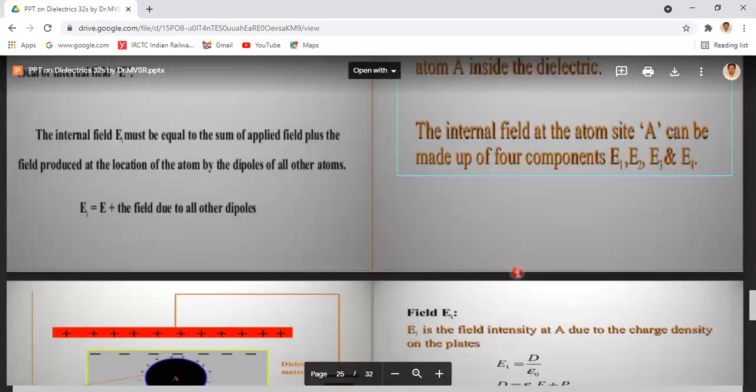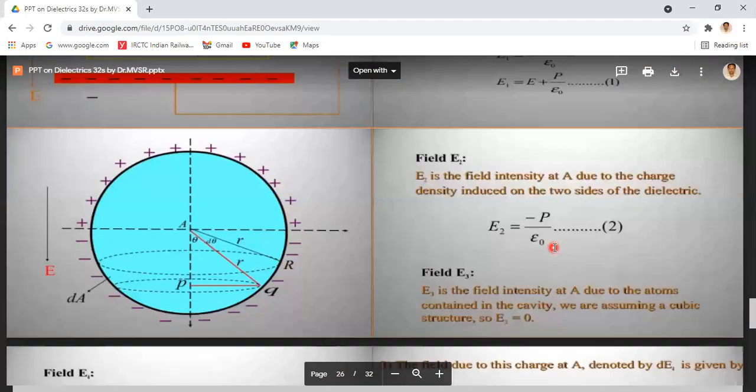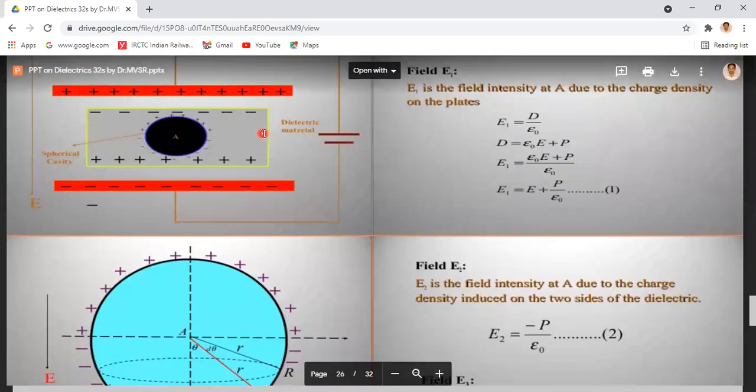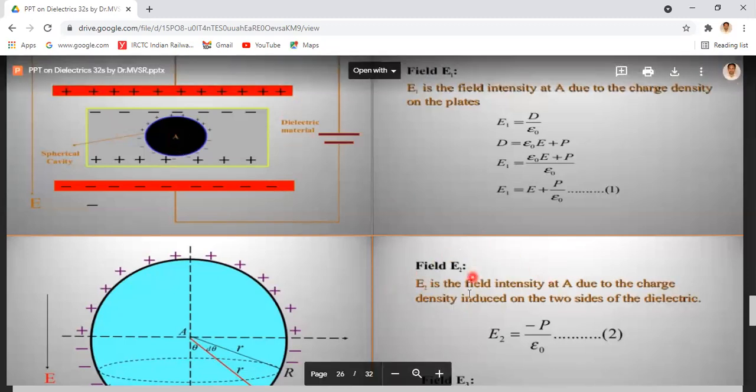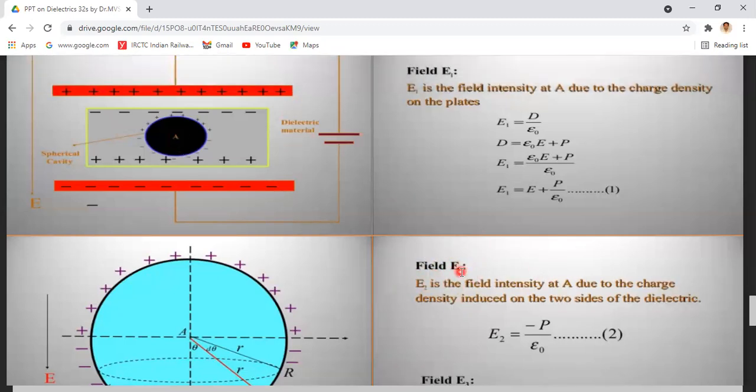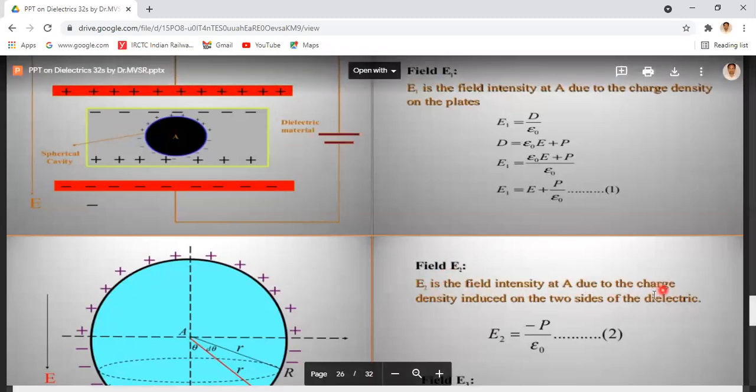So coming to the second component, the electric field E2 bar. The first component E1 bar is the intensity of electric field due to the capacitor, which is acting on this atom A inside the dielectric material. The second contribution, E2 bar, is the field intensity due to the charge density induced on the 2 sides of the dielectric material.